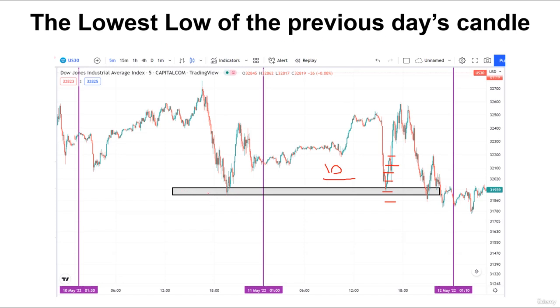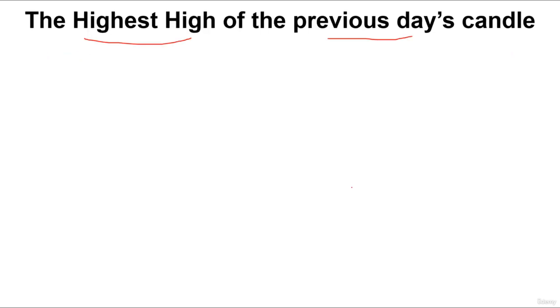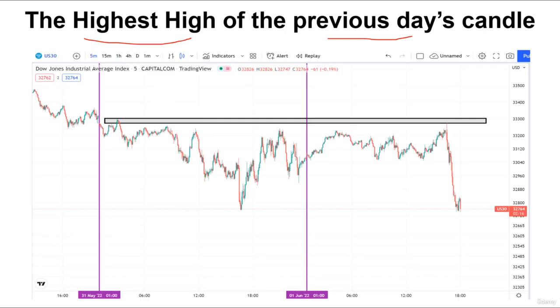So this zone is a great zone for us because we know there are buyers, and this zone is a great zone because we know there are many sellers.